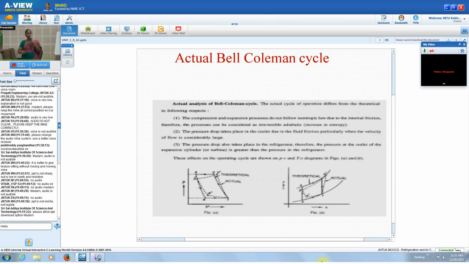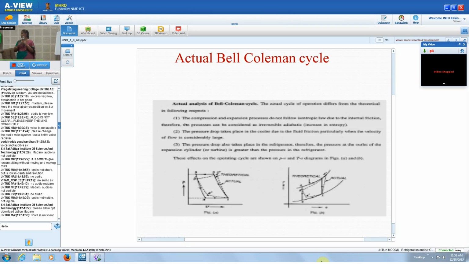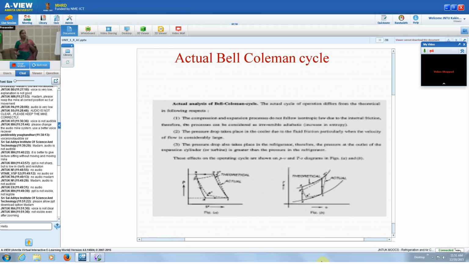So P4 dash is always greater than P1, as the pressure loss takes place in the evaporator during heat abstraction in the refrigerator. You can see the same with the PV diagram also, how the volume changes and how the pressure changes.